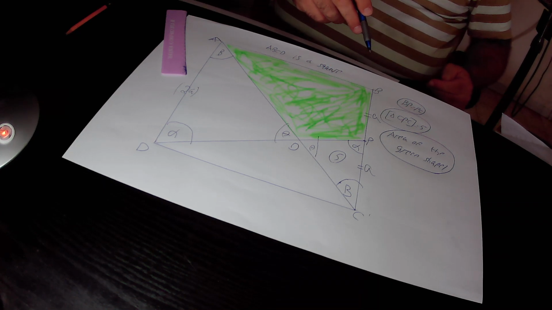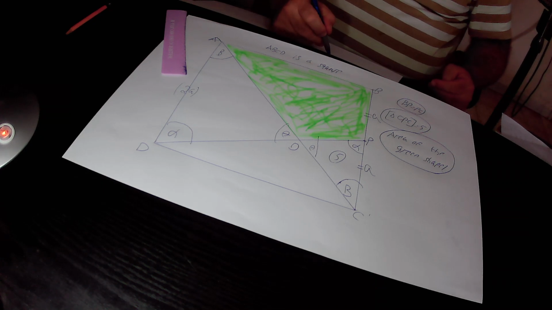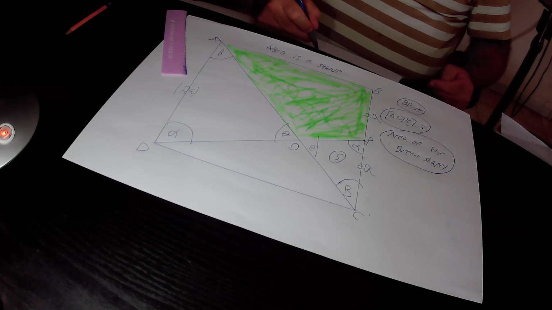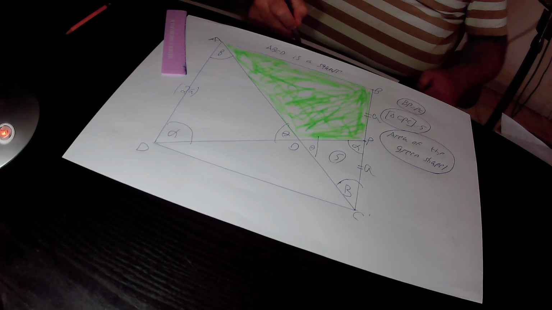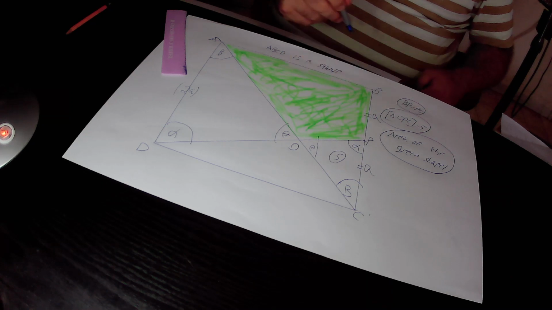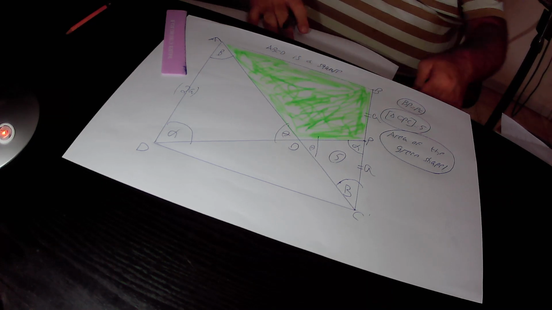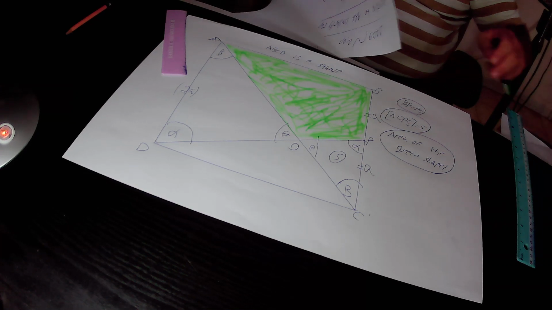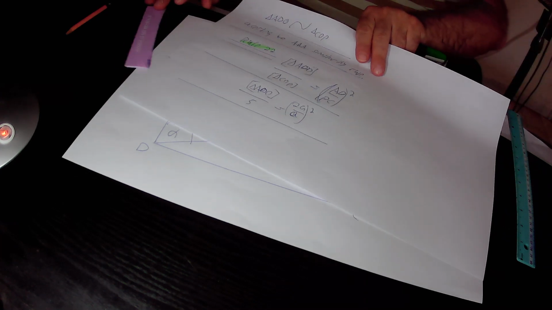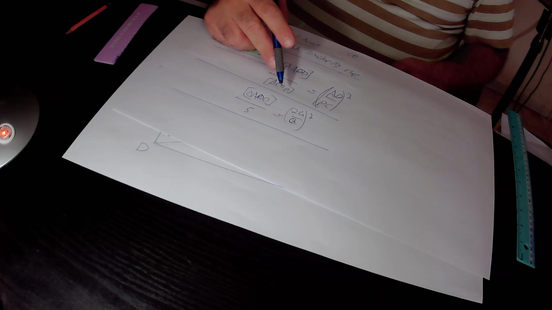We are given that the area of this small triangle COP is 5 square units, and it is equal to AD, AD is 2A, over PC, PC is A squared. So we found out that according to Rule 22, the area of triangle ADO over 5 equals 2A over A squared.